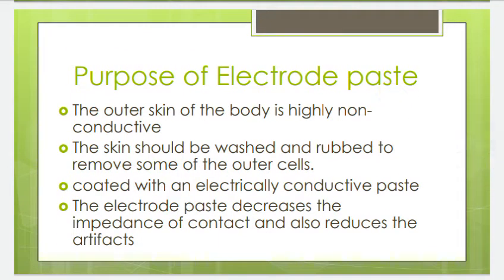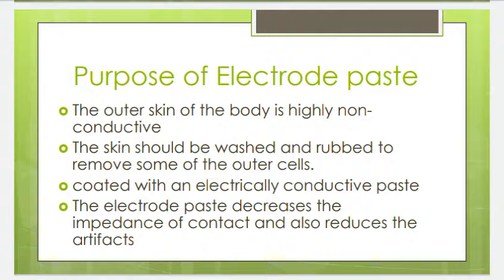Next one, electrode paste. We know the outer skin of our body is highly non-conductive and it will not establish a good electrical contact with an electrode. So the skin should be washed and rubbed to remove some of the outer skin.